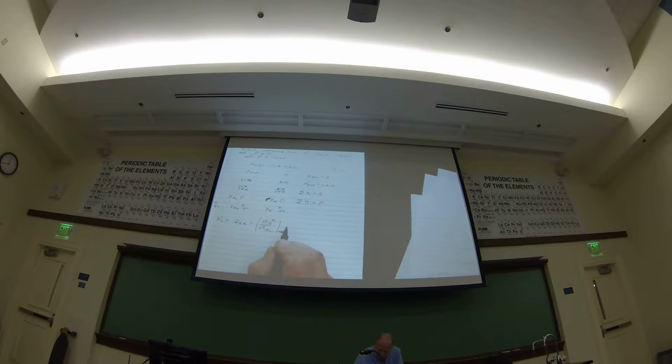So that's what it is at equilibrium. Well, we know what this is. It is equal to X_I times P over P0 squared, over X_I2 times P over P0. I can write that K times P0 over P is just equal to X_I squared over X_I2 at equilibrium.